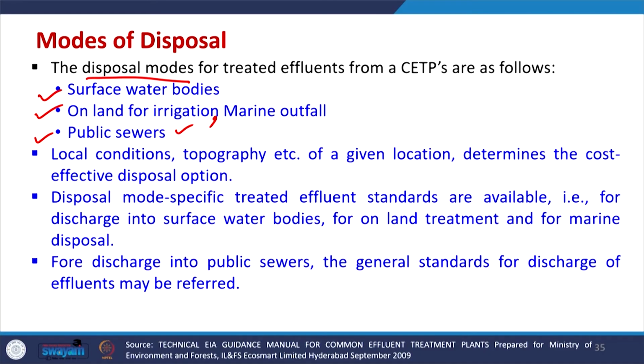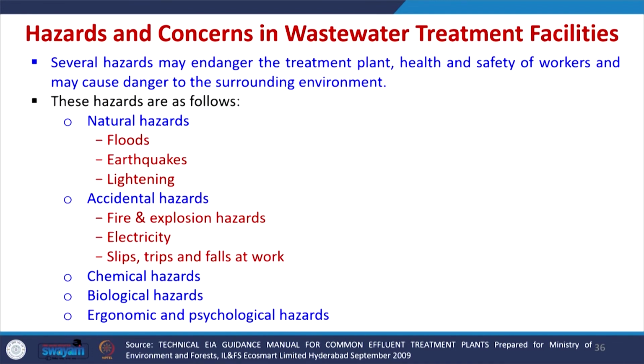Disposal-specific treated effluent standards are always available depending upon the industry. There are specific discharge standards for different types of industries, and based upon the treatment they do, they can discharge to any of these places.